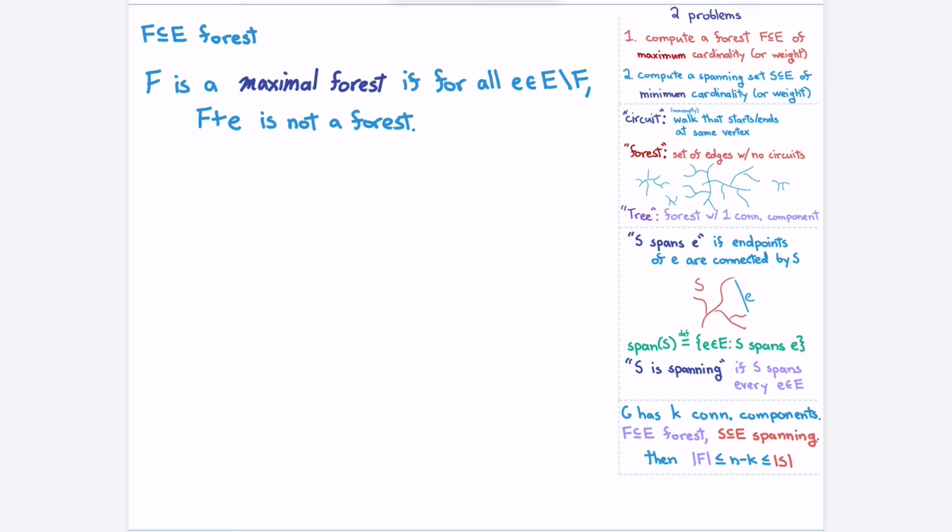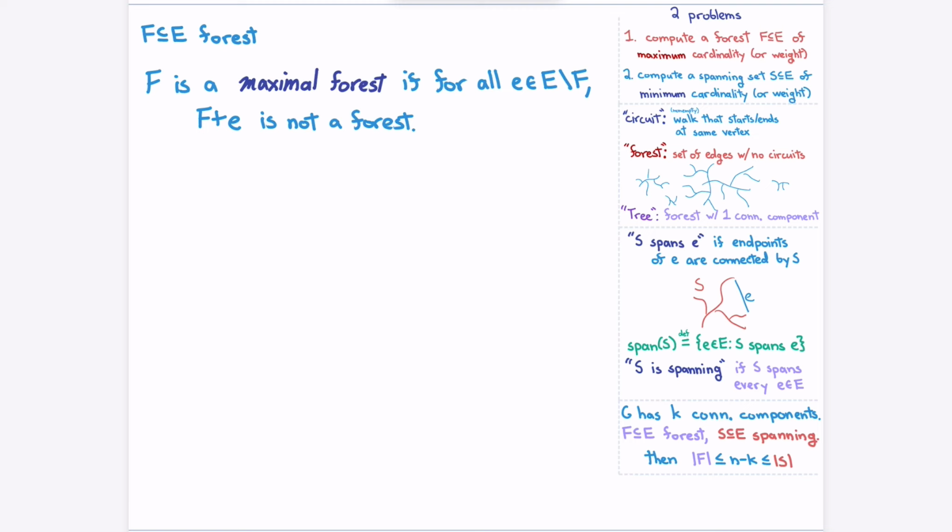Okay, so first some definitions. I'll say a forest is a maximal forest if I can't add any more edges to it. That's not saying it's maximum. It's just saying here's a set of edges, and if I try to add any other edge from my graph to it, it creates a cycle.